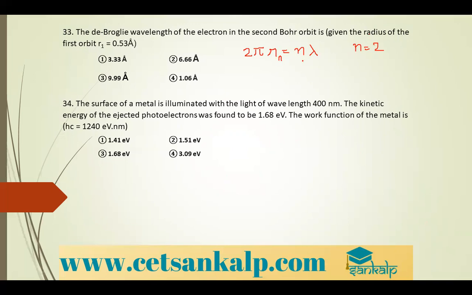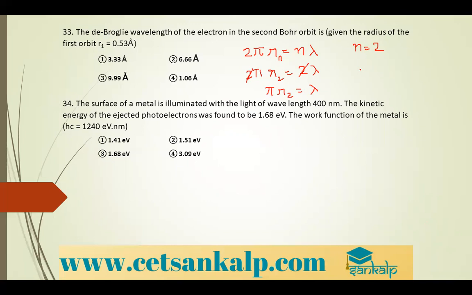So again it is 2 pi r2 is equal to 2 lambda. 2 and 2 get cancelled. So pi r2 is equal to lambda.